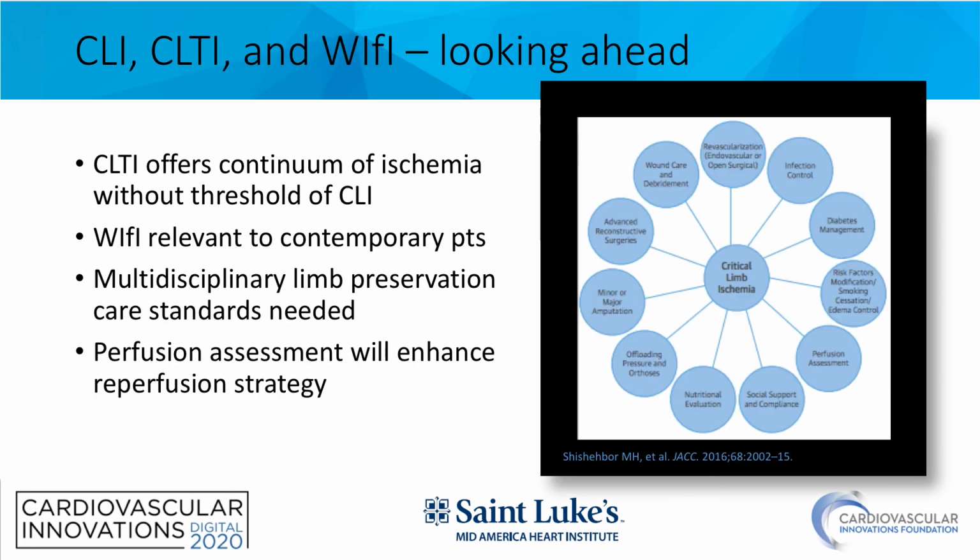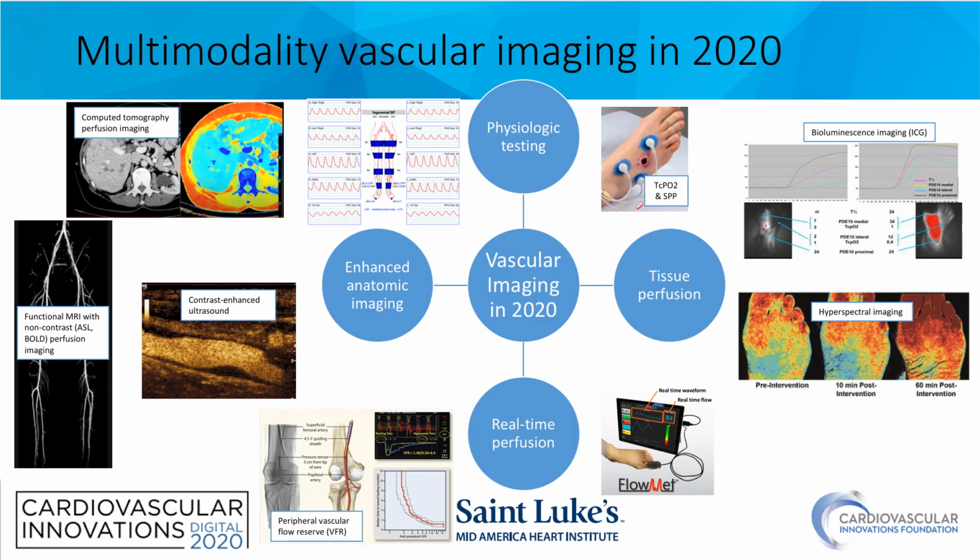So looking ahead, CLTI does seem to offer a continuum of ischemia without a threshold value of perfusion as originally defined, and WIfI is relevant to contemporary patients that are increasingly diabetic. Multidisciplinary limb preservation care must be standardized, however, and perfusion assessment will enhance reperfusion strategy. And I like this figure published in a white paper showing the varied aspects of wound care beyond just ischemia evaluation and treatment, which I think goes to these multidisciplinary standards of care.